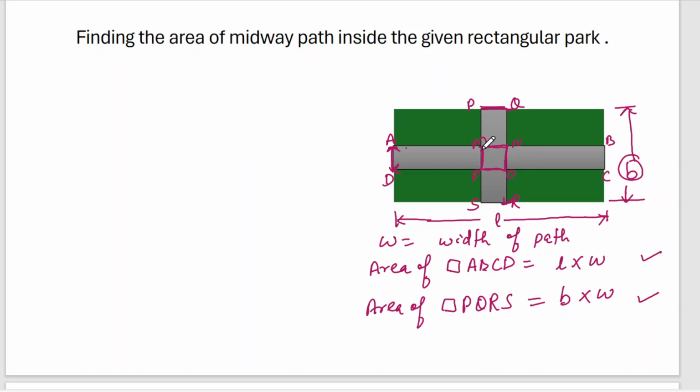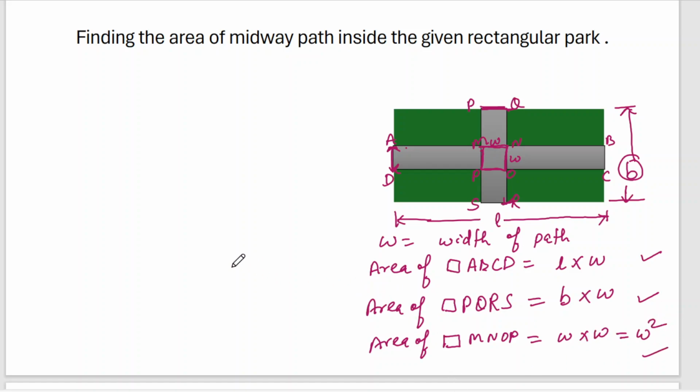Since the path is of uniform width W, the length and the breadth of this square will be W only. So area of square MNOP is side into side, that is W into W, that is W square.